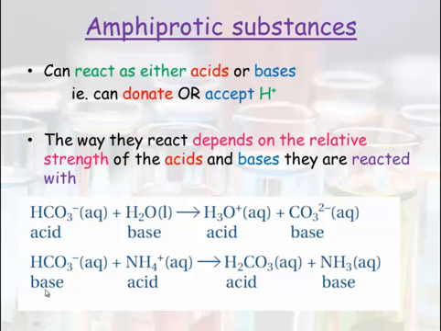If you put the hydrogen carbonate ion with ammonium ion, this ammonium ion will act as the acid because it wants to get rid of that hydrogen, and it will give it to the hydrogen carbonate ion to form carbonic acid plus ammonia.